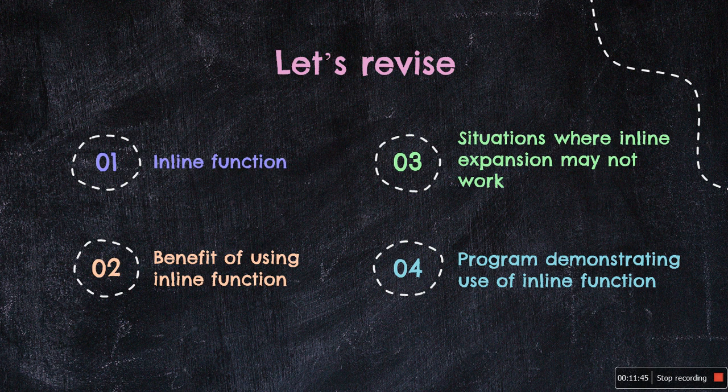I have also told you the four situations in which it doesn't work, and the reasons are quite obvious, because our aim is to save the time taken to execute a normal function, though at the cost of memory space. So we have to keep it as small as it could be. So those are the situations where you cannot use inline expansion.